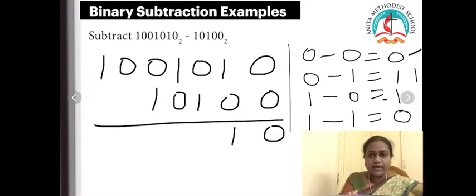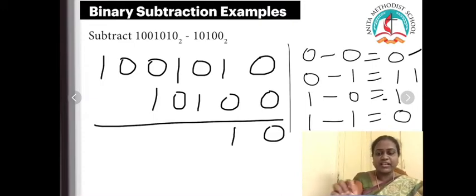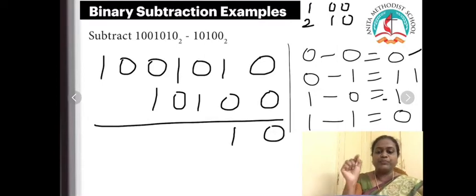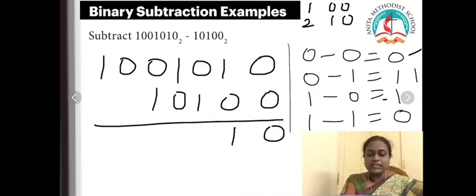Do remember in binary subtraction, the decimal value 1, 0 means it is 2. So you have to remember this. Here your third set is 0 and 1.